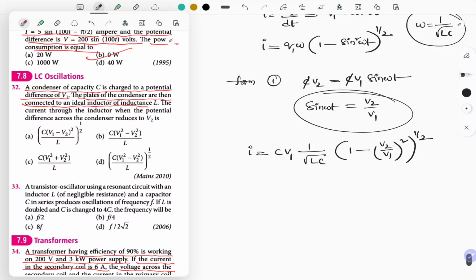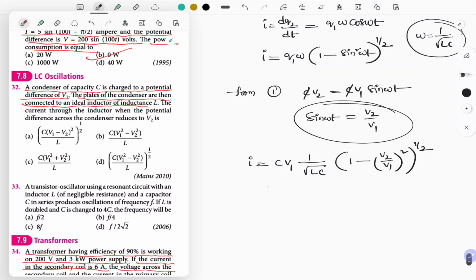From this I need the final answer, so let me substitute these things. This can be written as C times V1, so C square V1 square divided by LC, into (V1 square minus V2 square) divided by V1 square, whole power 1 by 2.